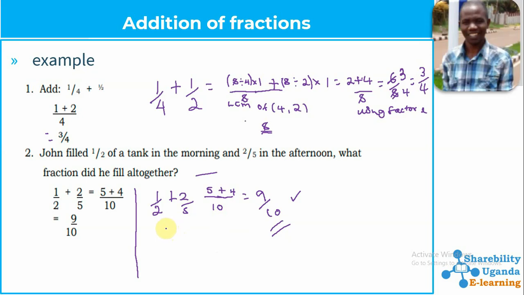This is the simplest thing that we only need to understand: first look out for the LCM. After you have got the LCM, you divide your LCM by each denominator, then you multiply by the numerator. Then for the other fraction, you divide the lowest common multiple by the denominator and also multiply by the numerator.